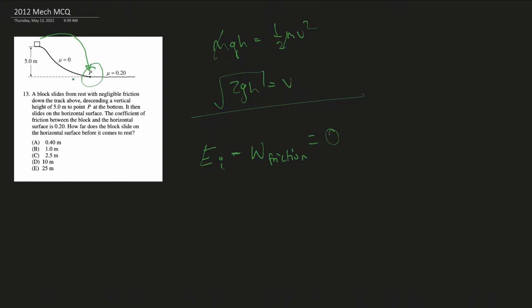Initially we had some energy, all in the form of kinetic energy, and some of it was taken away by friction, which led us finally to 0 joules of energy in the end.